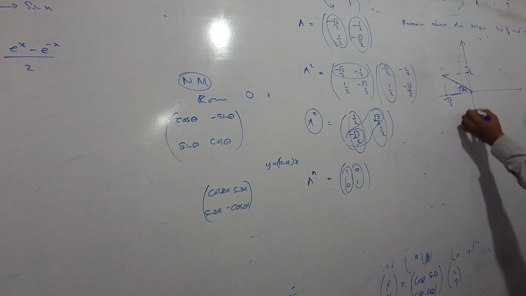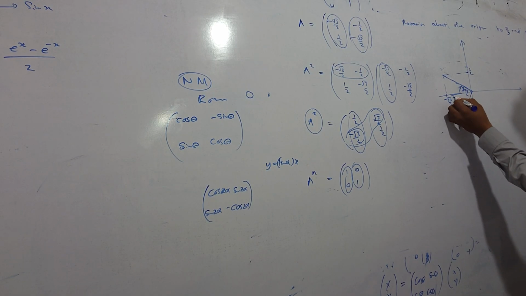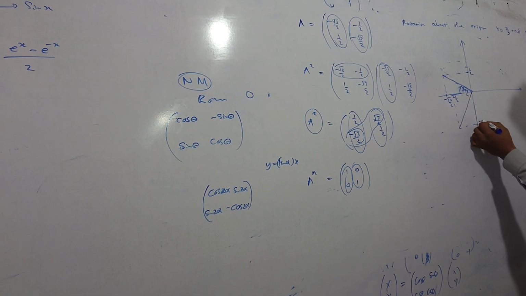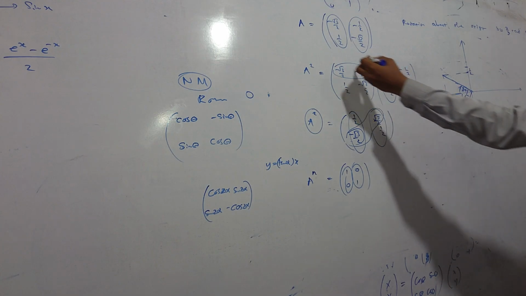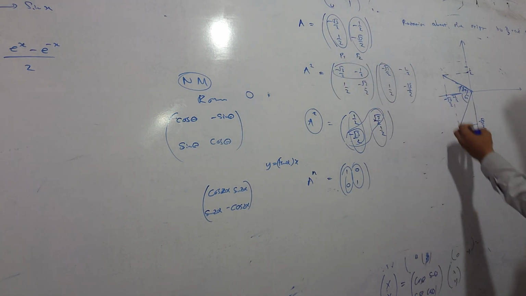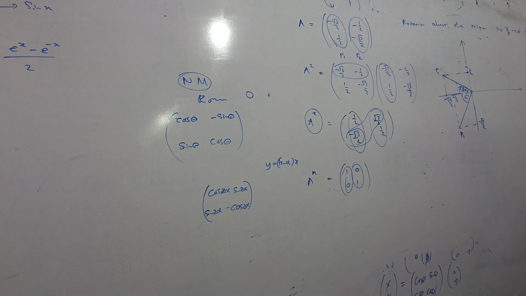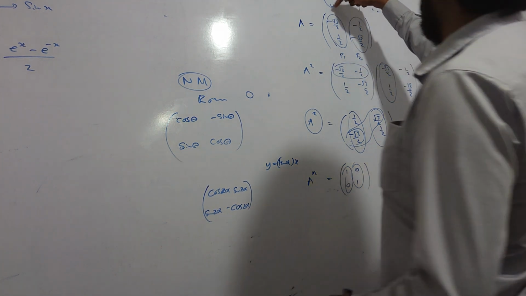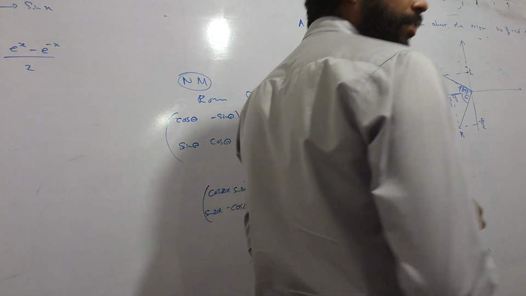Negative square root of 3 over 2. Right. This is 60 degrees. So let's call this P1, P2. Now there should be appended 1 0 0 1. This is the identity matrix, right?